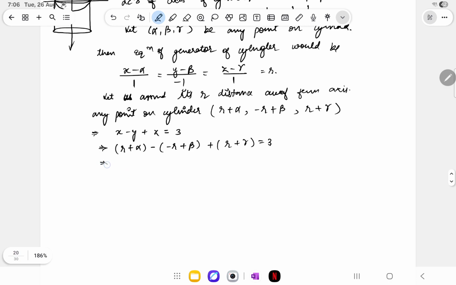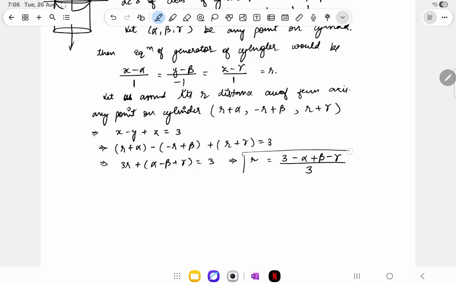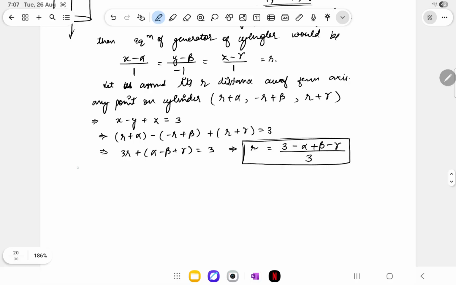Simplifying, I get 3r plus alpha minus beta plus gamma is equal to 3. So r is equal to 3 minus alpha plus beta minus gamma divided by 3. This is the value of r for which the point on the generator satisfies the equation of the plane.